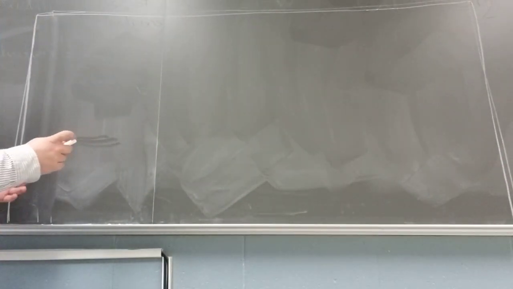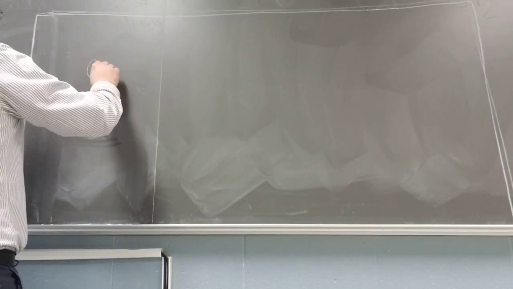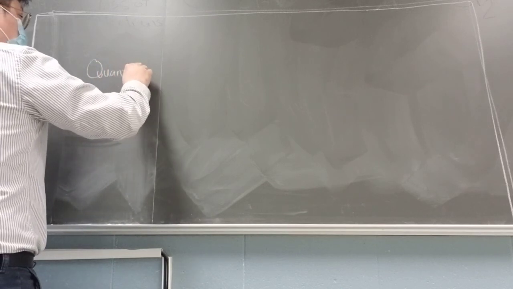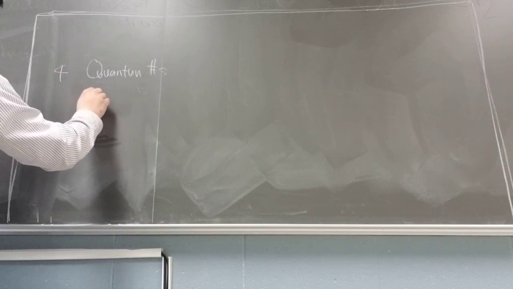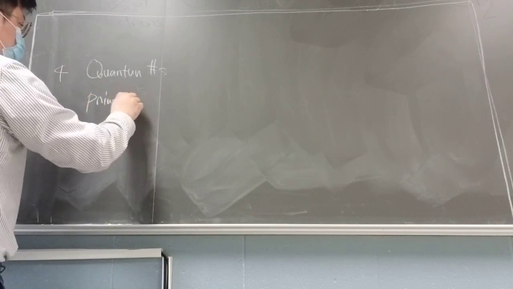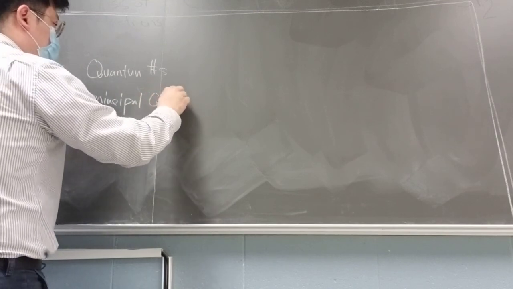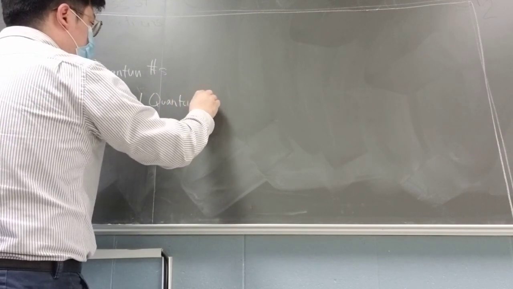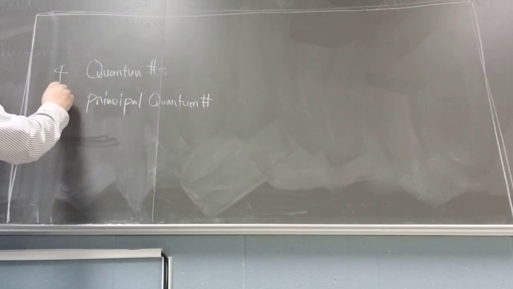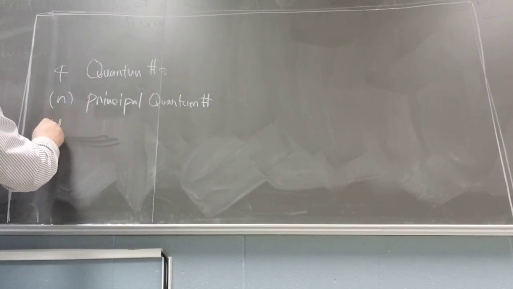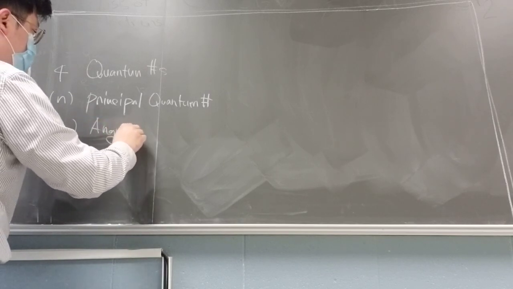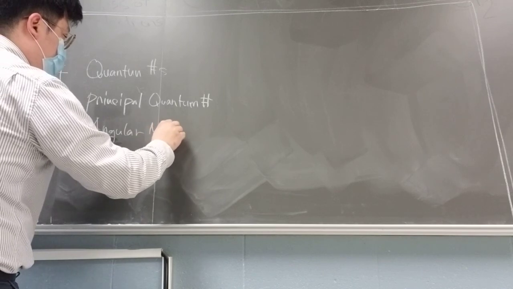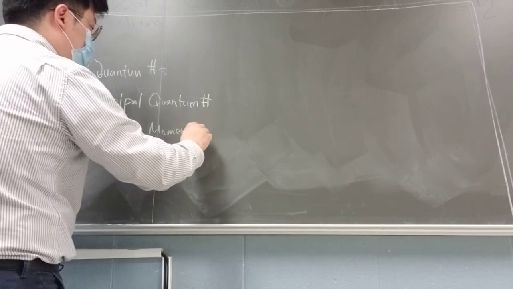Okay. So, all right. So today we just briefly talked about the quantum numbers last time. There are 4 of them. So the first one was the principal quantum number. This is denoted as n. We have angular momentum quantum numbers.